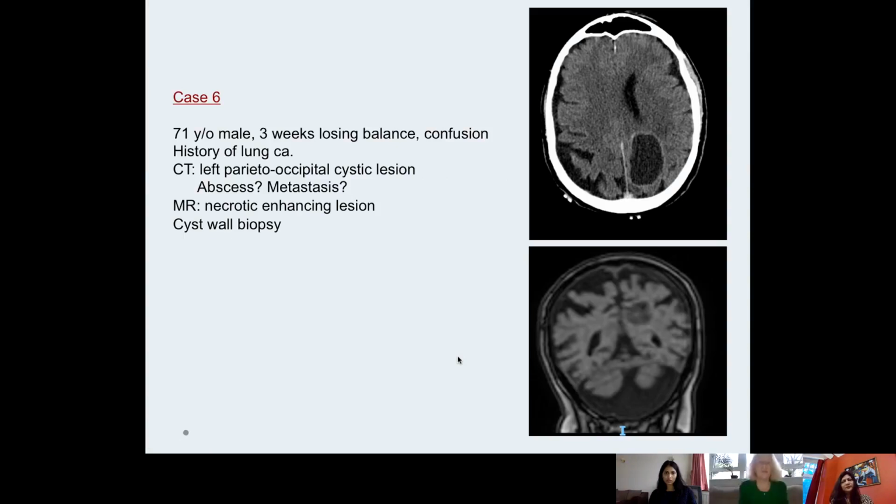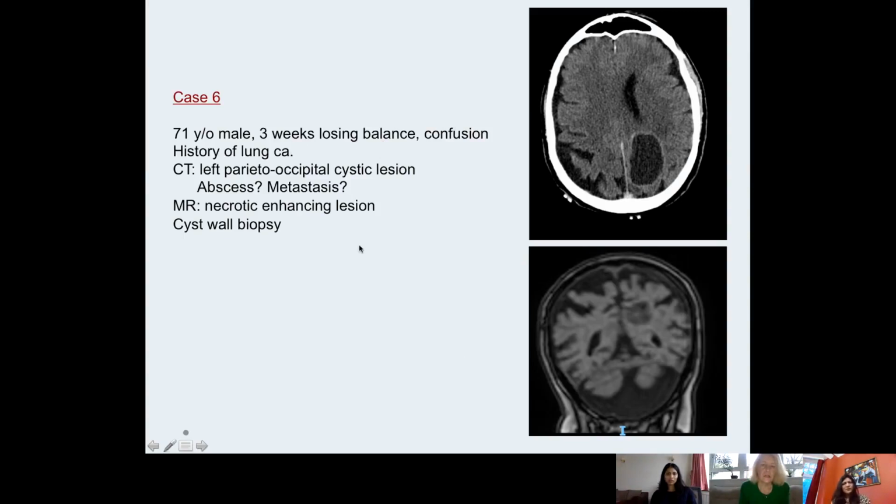So case number 6. Here we have an older patient, a 71-year-old man, with, again, a short history, 3 weeks of losing balance and confusion, and a history of lung carcinoma.